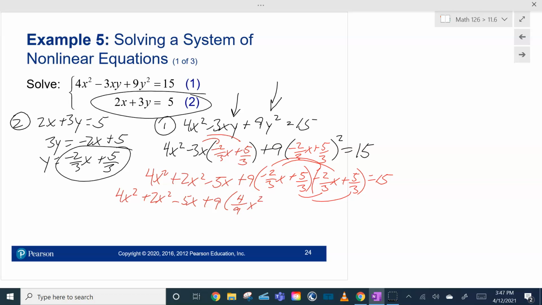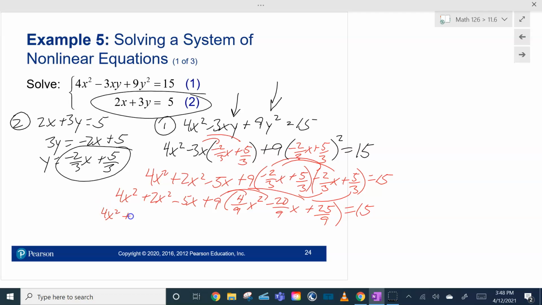minus 10/9 minus another 10/9 x, so minus 20/9 x, that's the outer and the inner, and then 5/3 times 5/3, we got 25/9 equals 15. Now I'm going to distribute the 9.